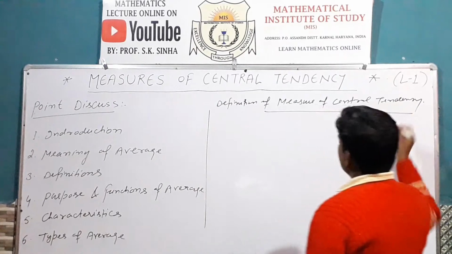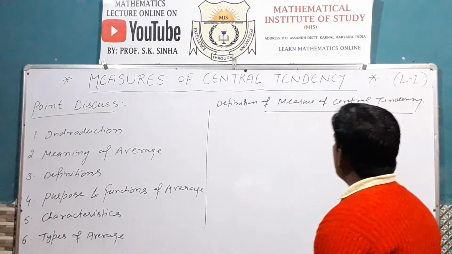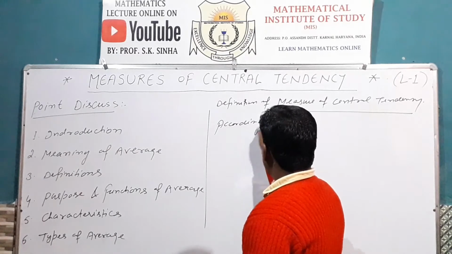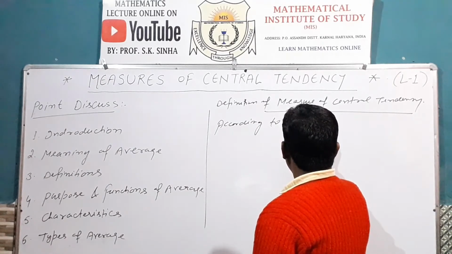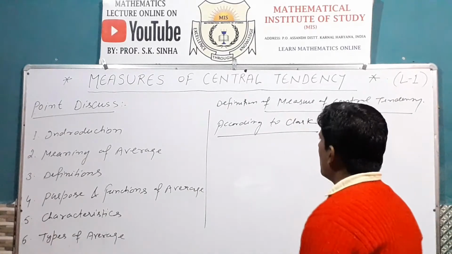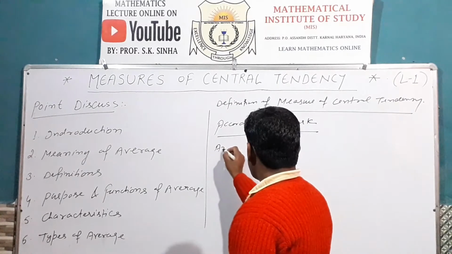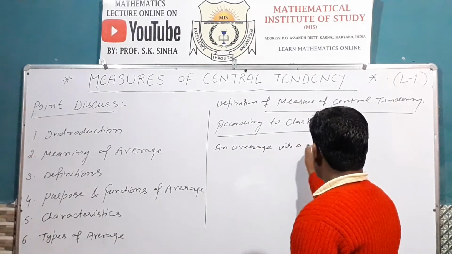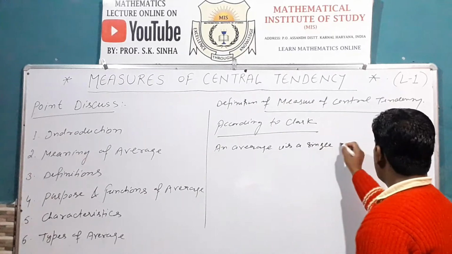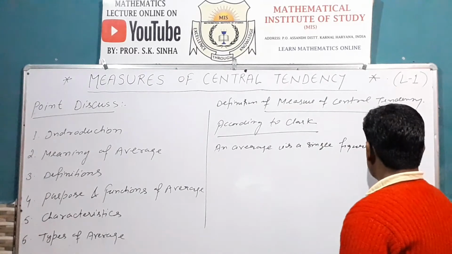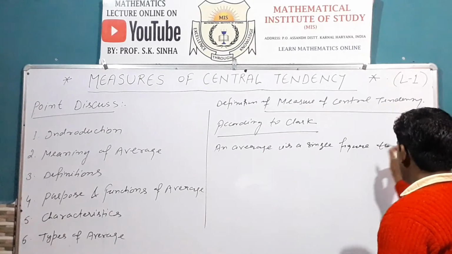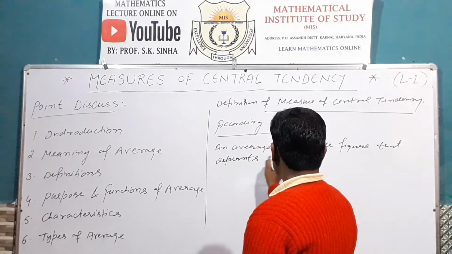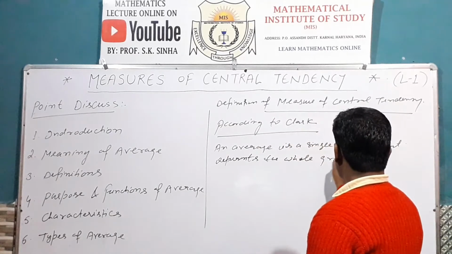First of all, according to Clark, Clark says an average is a single figure that represents the whole group.